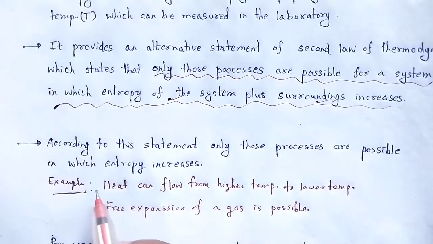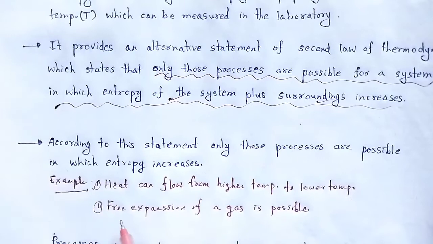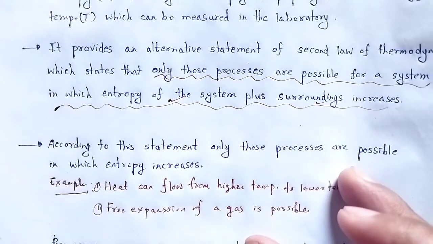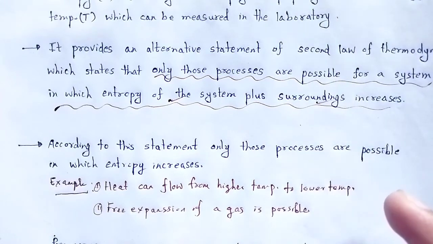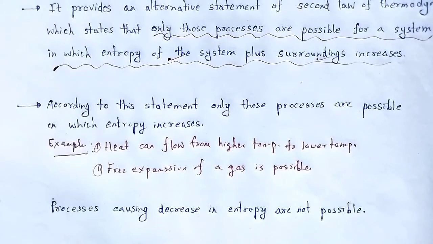In these two cases, we see the entropy increases. That is why these two processes are possible. But processes causing a decrease in entropy are not possible.